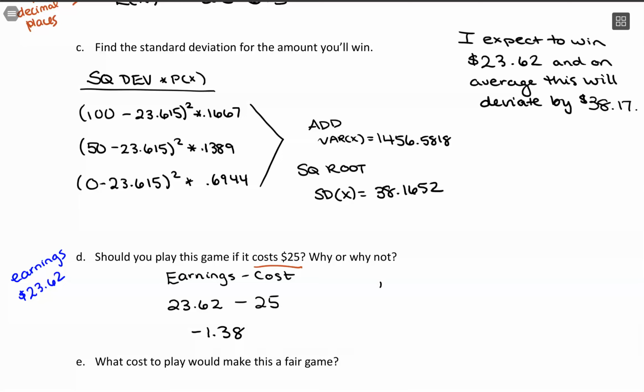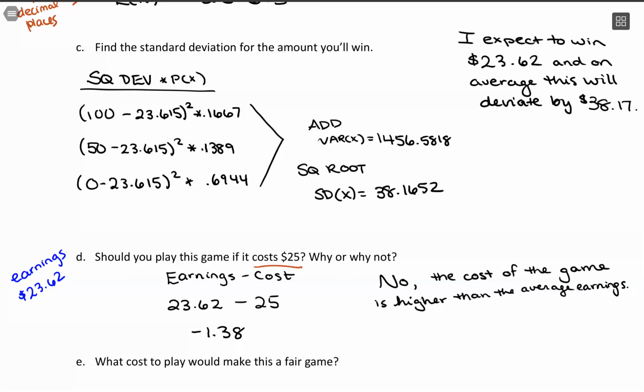So we would not want to play this game because the cost of the game is higher than the average earnings. So we have there is an expected loss of $1.38.